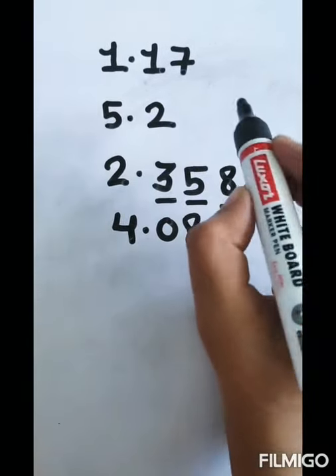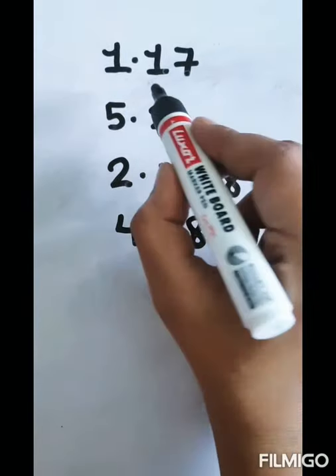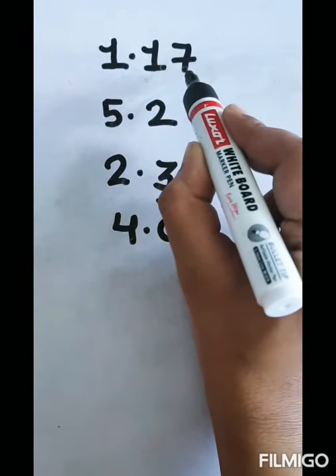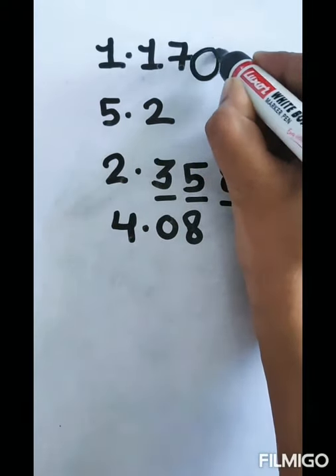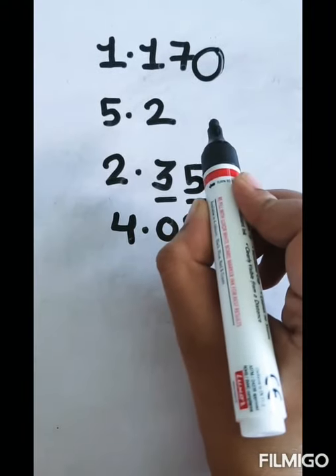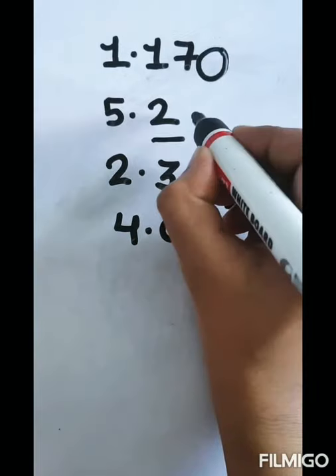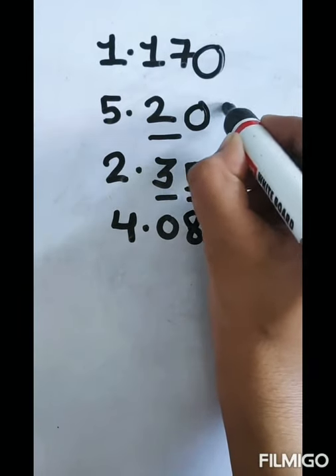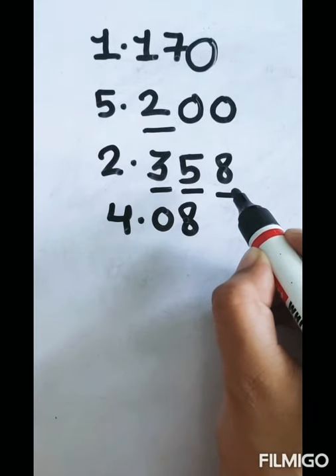So here I have to put zeros. Here are 2 digits after the decimal, so we will put 1 zero to make it equal to 3. Now here, how many zeros do I have to add? Yes, here there is only 1 digit after the decimal, so I have to put 2 zeros to make it equal to 3. Here there are already 3, so no need to change.